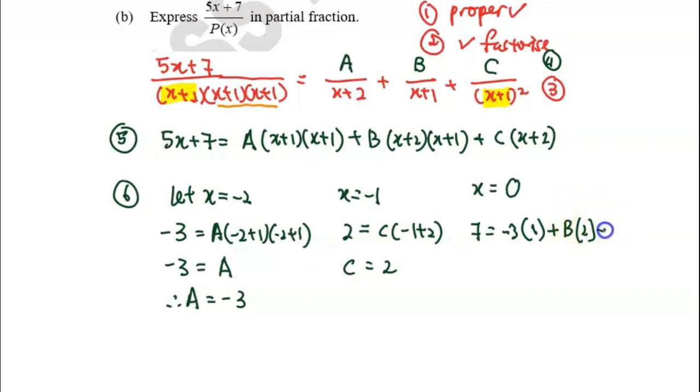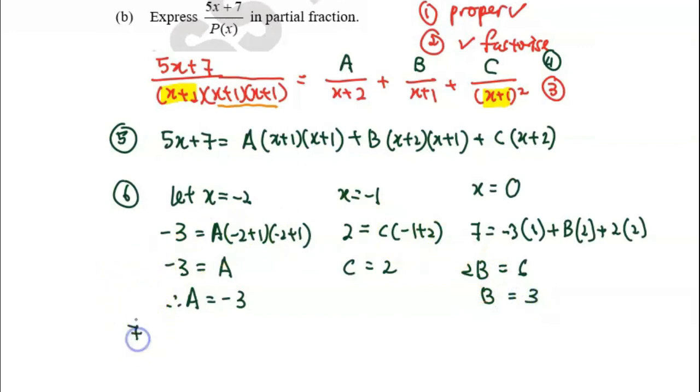Then plus, for c, we found the value which is 2, then where x is 0, we substitute, we get 2. Finally, we get 2b equals to 6. So b will equal 3.